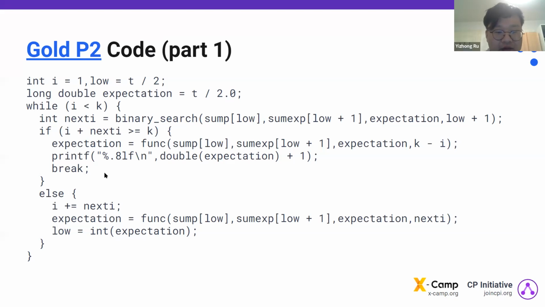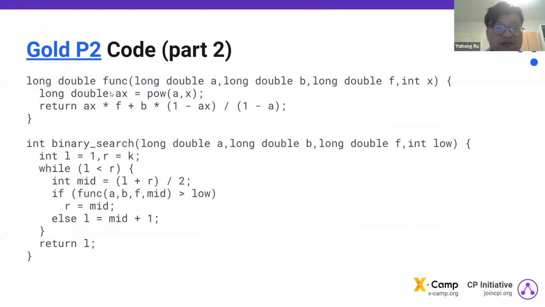Okay. So what is the function? The function is all about equation 1. A and B are A and B. Okay, and the F is f(t, k).